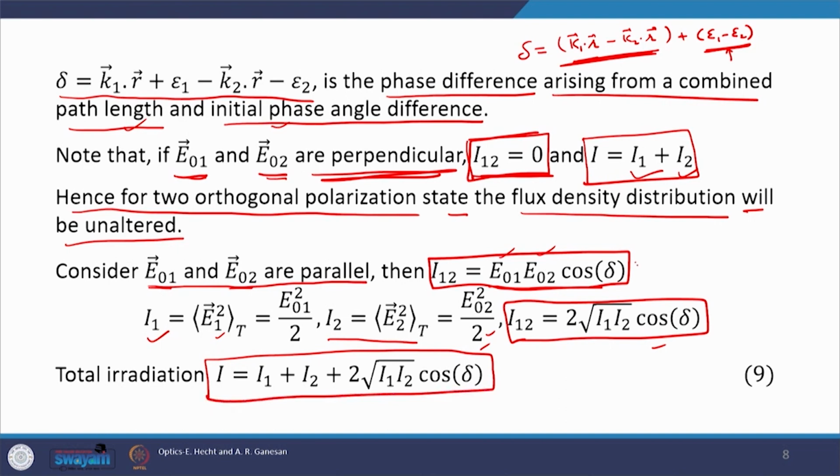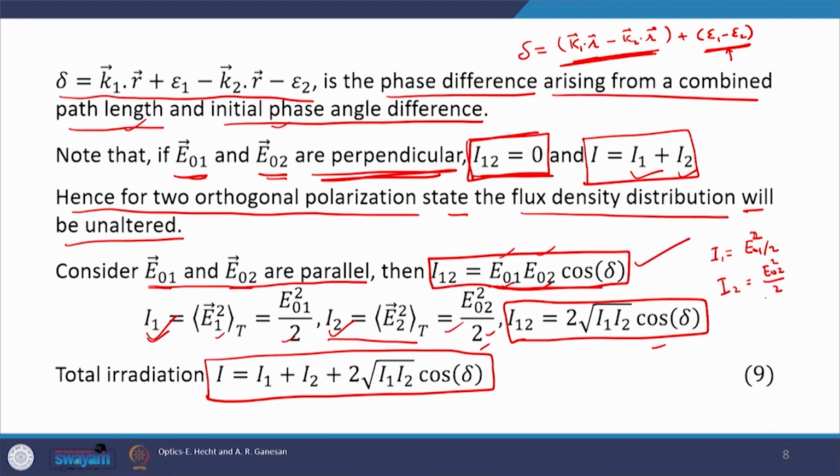Once the cross term is known, we can easily calculate I1 and I2. Once these are known, then we can express E naught 1 and E naught 2 in terms of I1, I2. What I mean is that I1 you can always express as E naught 1 square by 2 in the parallel polarization case, and similarly I2 you can express as E naught 2 square by 2, as is given here.